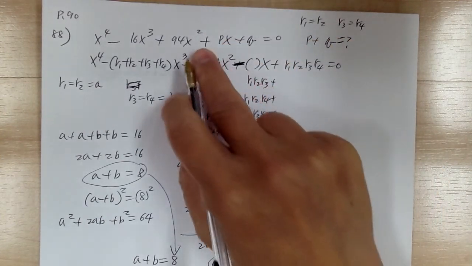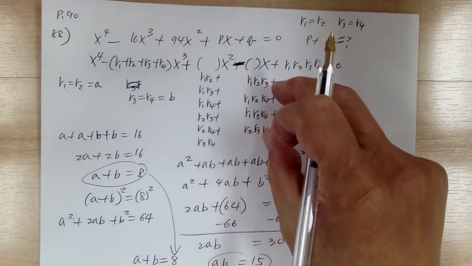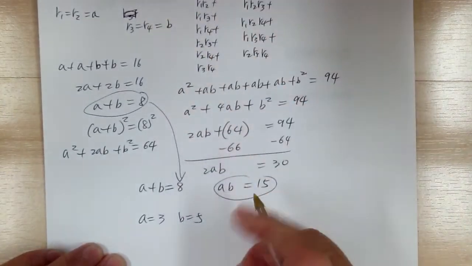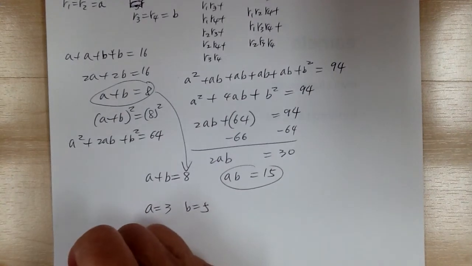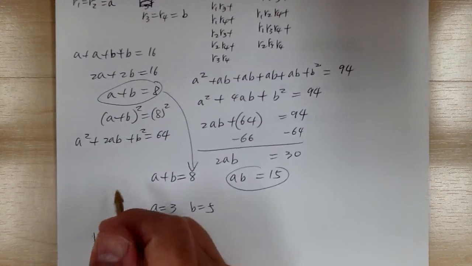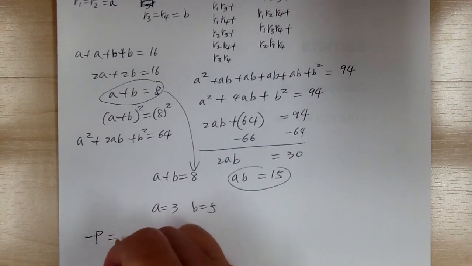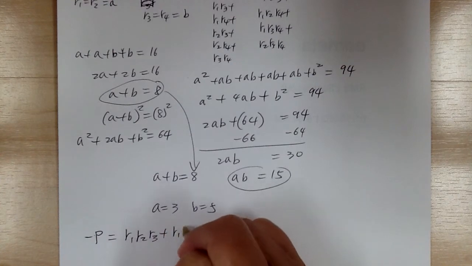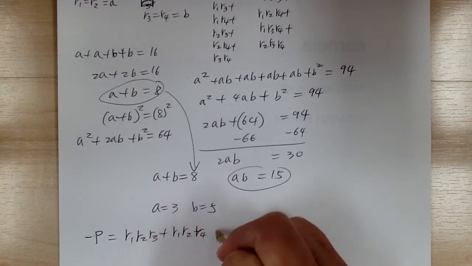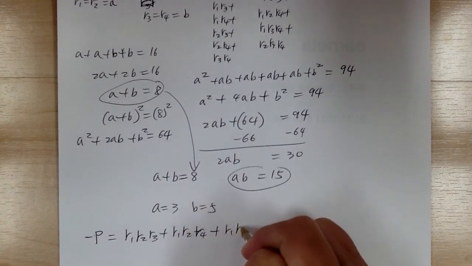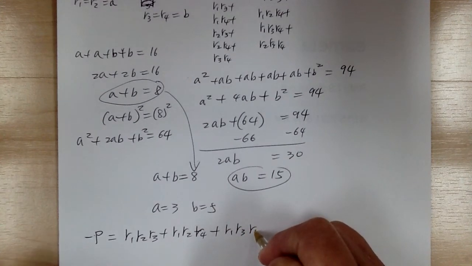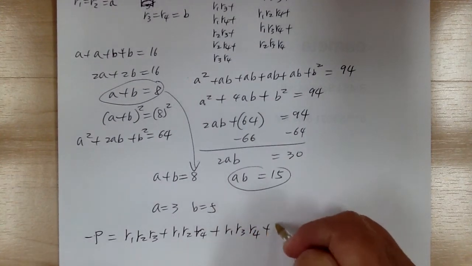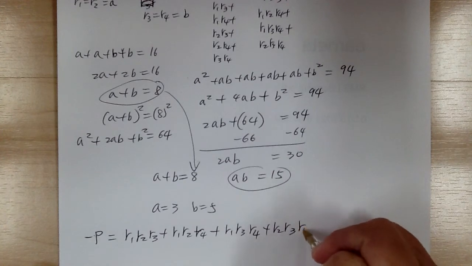But notice that opposite, so now you're going to match this with this. I'm going to put a negative P. So negative P equal to R1, R2, R3, plus R1, R2, R4, plus R1, R3, R4, double check, then R2, R3, R4.